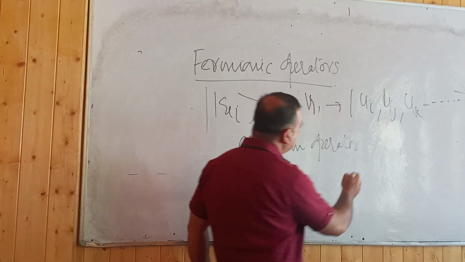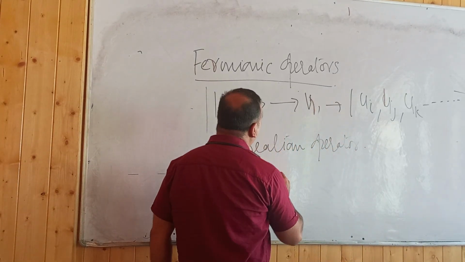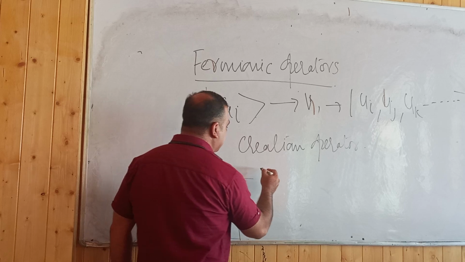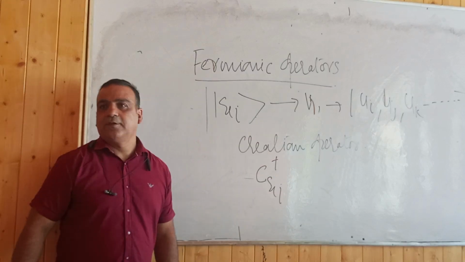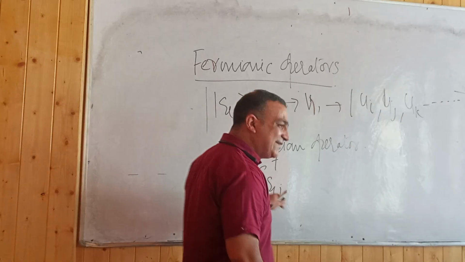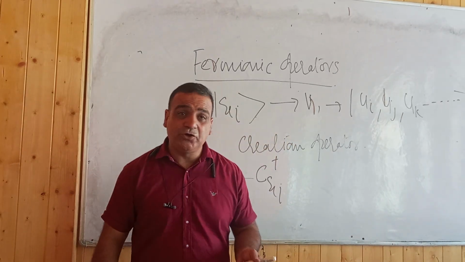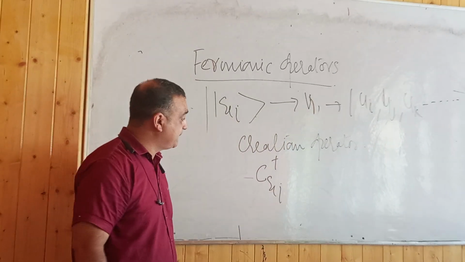So the creation operator, I will choose c_i dagger, assuming that this c_i dagger is a creation operator in fermionic systems.